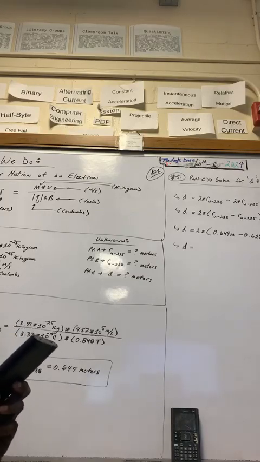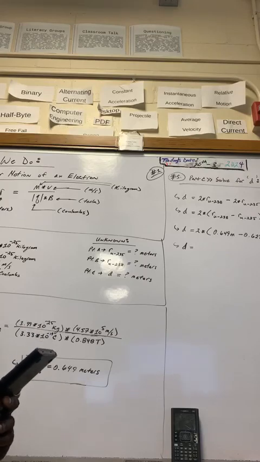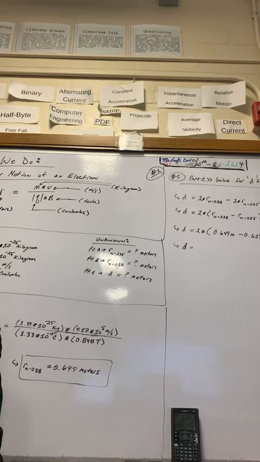So it's 2 times, make parentheses, and what was our first value? 0.649 minus 0.629. Close. What'd you do? Let me see your calculator. You're so close. That's not right though.